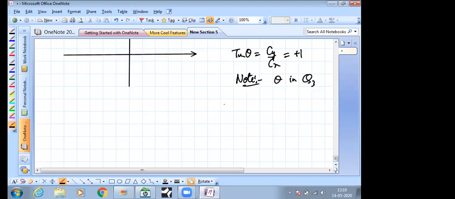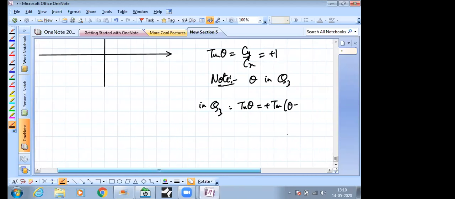So recall, in quadrant 3, tan theta is positive of tan of theta minus 180. So here, tan of theta minus 180 is plus 1.